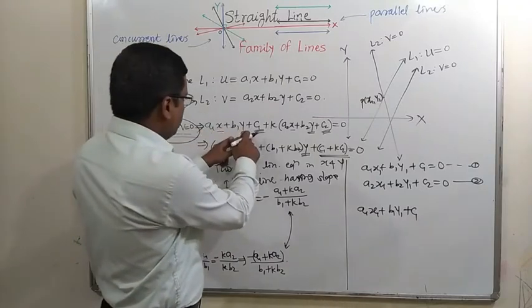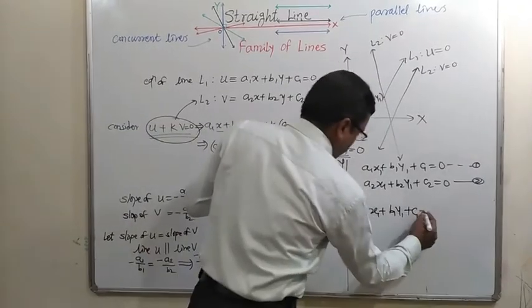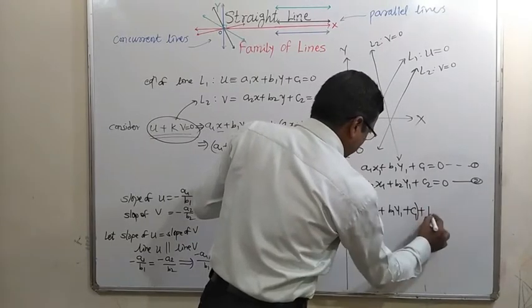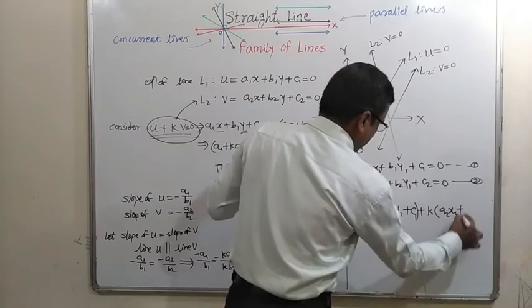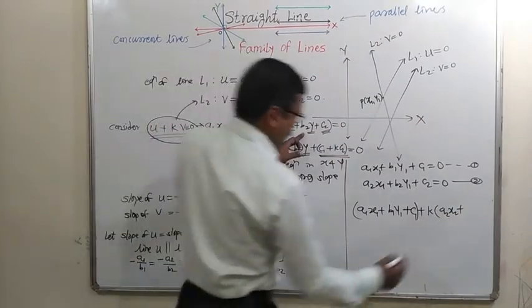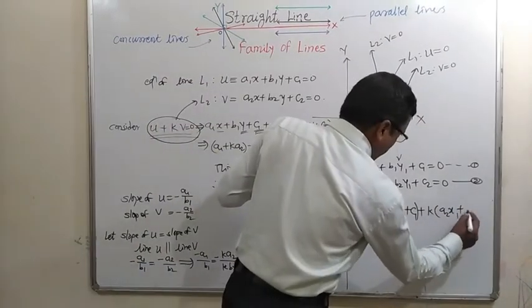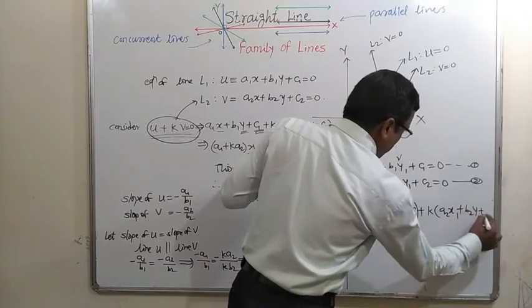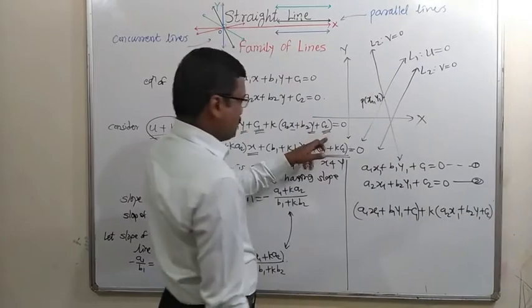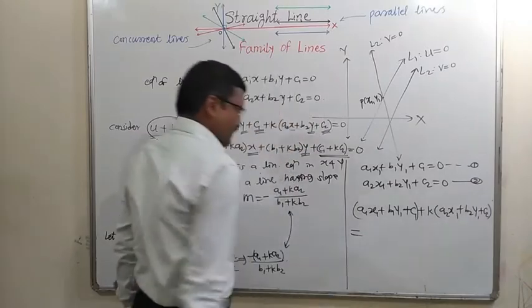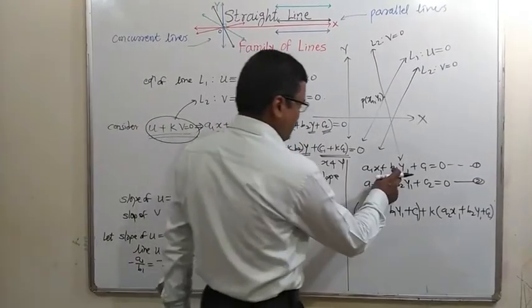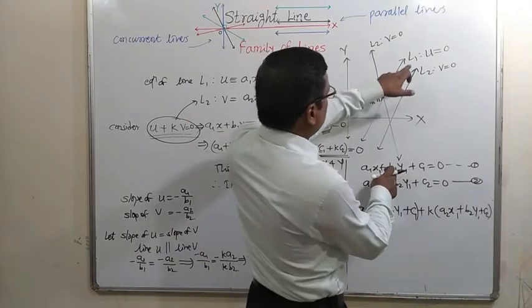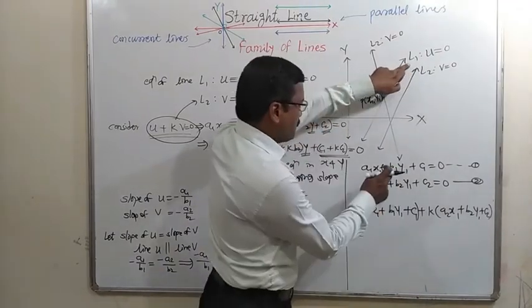So we get a1 x1 plus b1 y1 plus c1 plus k into a2 x1 plus b2 y1 plus c2. Let us check whether it is 0 or not. That we have to check here. Obviously, from equation 1, as point P(x1, y1) lies on line L1, it satisfies this equation.